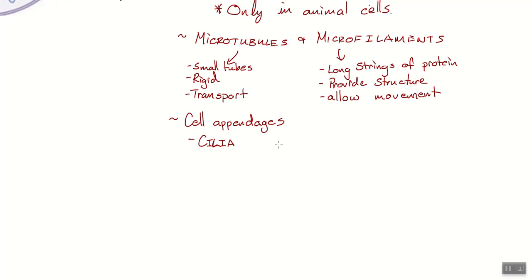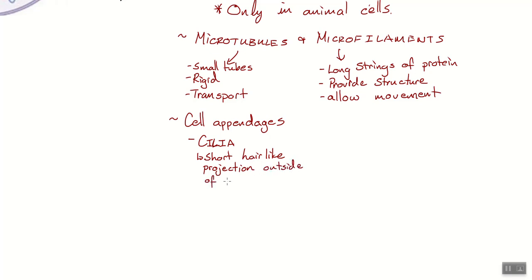Cilium is the one, but you're almost never going to see a single cilium exist. What are the cilia? It's a short, hair-like projection outside of the cell, and a single one would be called a cilium.